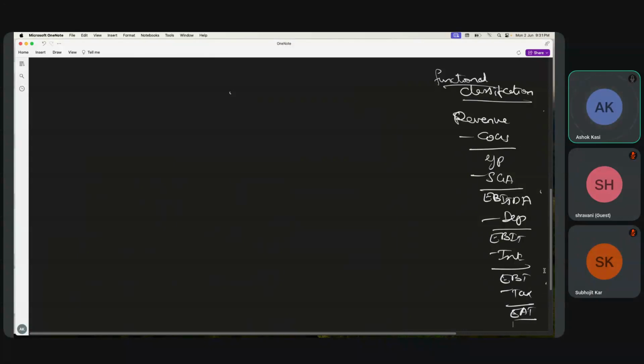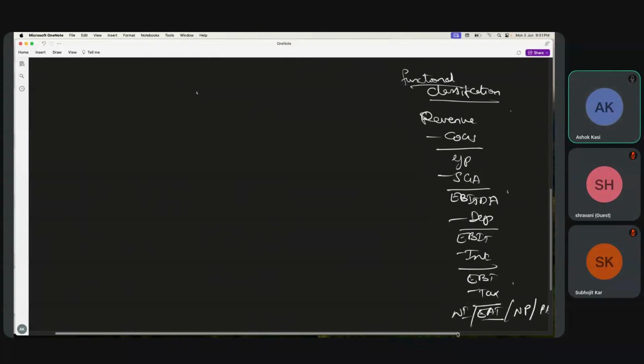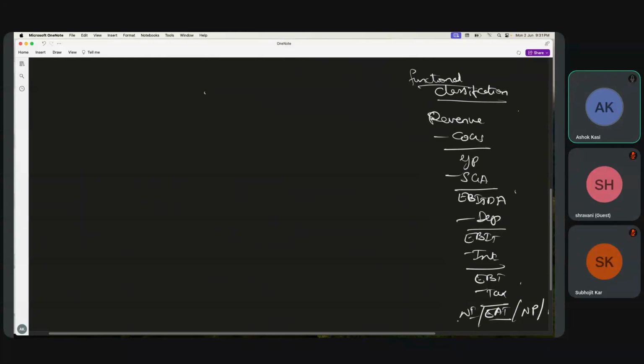Earning after tax is also called net income, or net profit, and also called profit after tax.